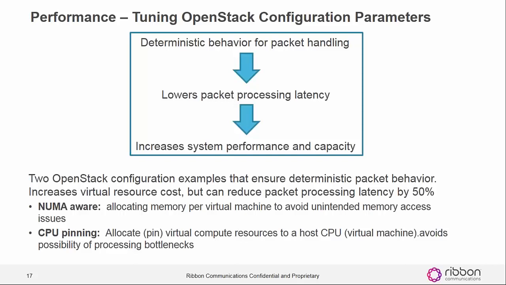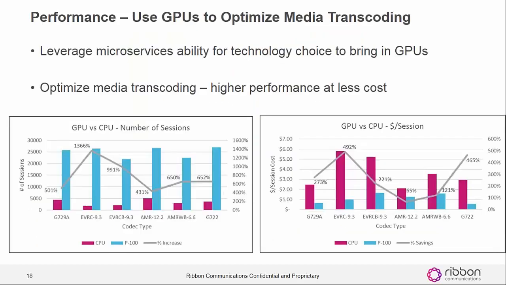The other thing we looked at from performance, and now I want to go back and touch on microservices, you can see how all of these things fit together, was transcoding. We looked at whether there is a better technology choice for transcoding than using CPUs or the normal compute processing that people expect to see in servers.